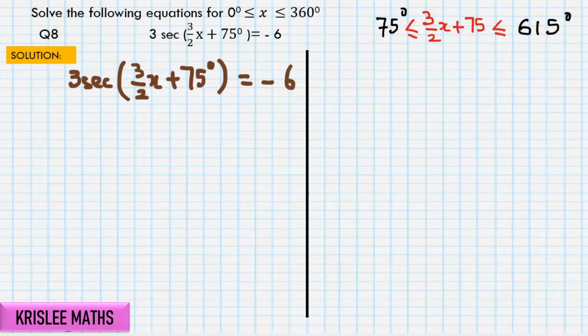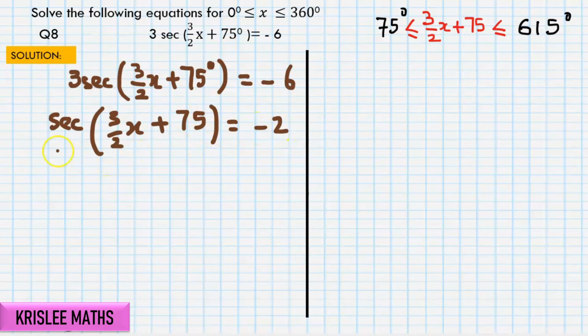Okay, so let's continue with the question. Here you can bring the 3 to the other side, and you will get secant of 3 over 2x plus 75 equals negative 2. Remember, secant is the reciprocal of cos.